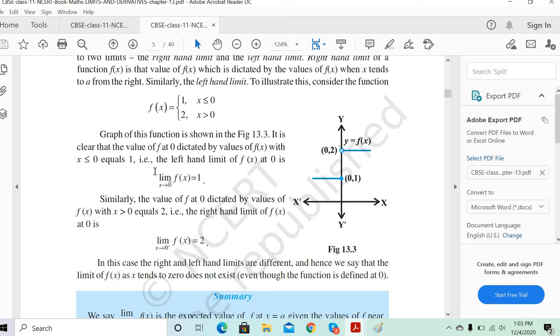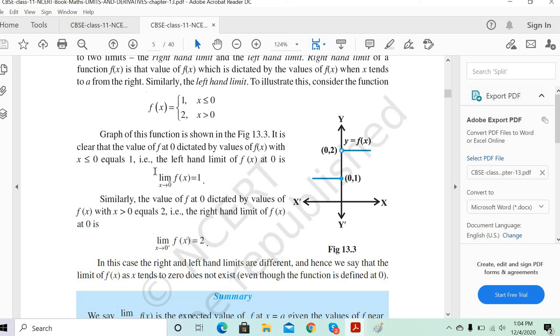So both values are different. When the values are different coming from the left hand side and the right hand side, then we can say the limit of this function at x equal to 0 does not exist because they are not the same.